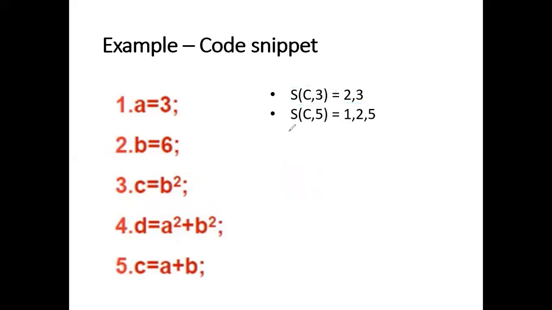So if someone asks something like this: take the C variable of the fifth line. So first I go to the fifth line. It's here, so I am taking the fifth line. In the fifth line, it says C equals A plus B. So in order to execute this statement, I have to get both A and B. So I am trying to find where this A and B are. The fourth statement is talking about D, right?